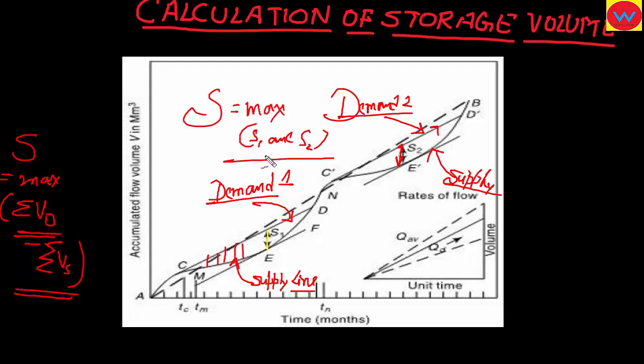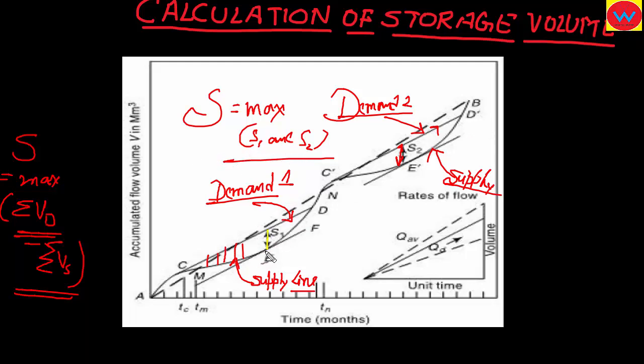This concept is important and is continuously asked in exams, competitive exams as well as college exams. It is very simple: you have to calculate the maximum of the 2 or 3 storage capacities, whatever is given, and that will be the storage for the given reservoir.